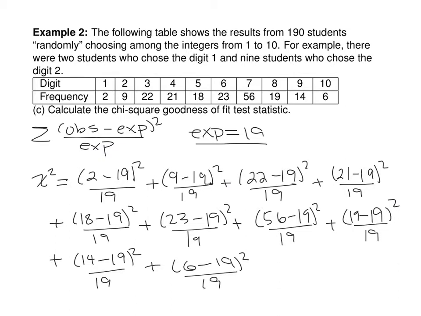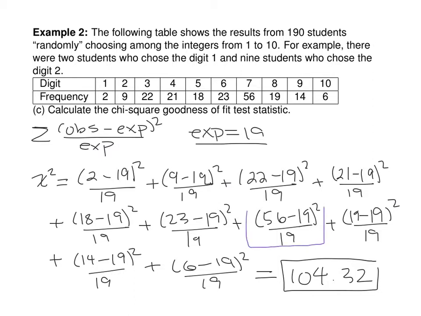Great. And that chi-squared comes out to be, holy bananas, 104.32, which is huge. Hopefully it makes sense that the numbers that matter the most to this are the ones where the difference between the number and 19 is the largest. That one contributes a lot, and so does this one, and this one.